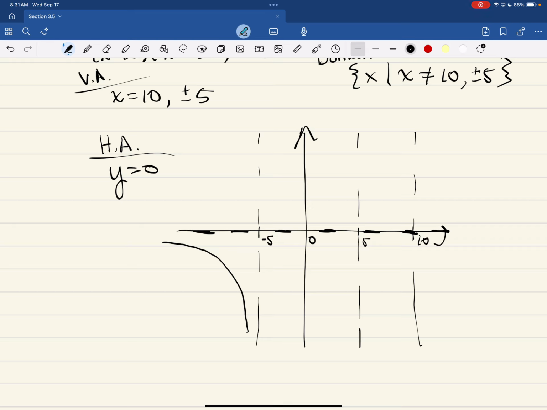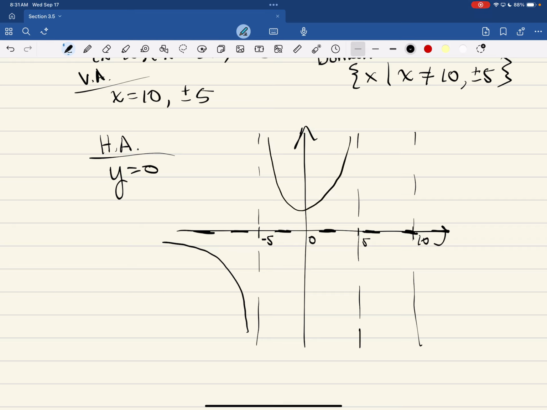At 0, what do we get? Is our graph positive or negative there? It's going to be negative. So you have, in the denominator, you're going to have negative 10 times negative 25. So we'll end up with a positive value.